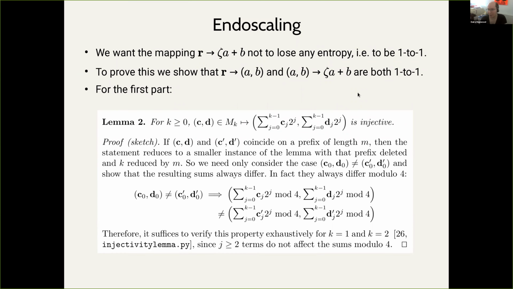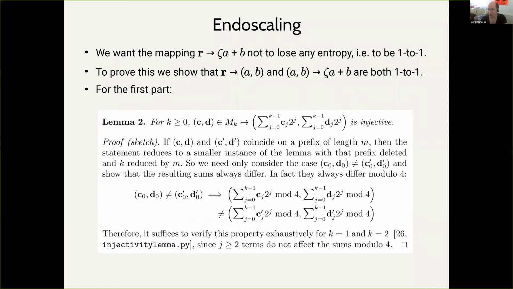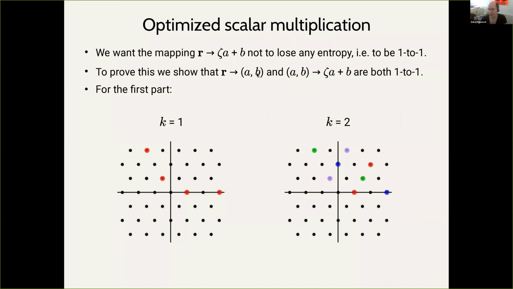I'm not going to go into all of the detail of this, but basically you can prove this first property provided that it's true for vectors of length 1 or 2. And then you can show exhaustively that it's true for that length of vector.